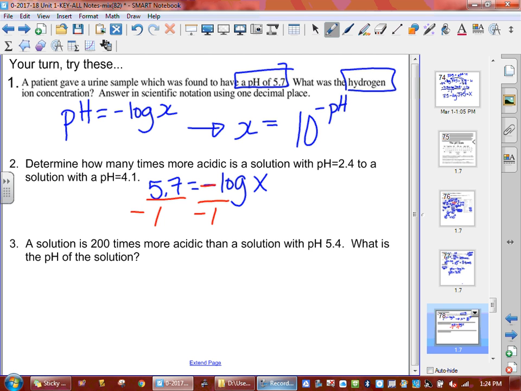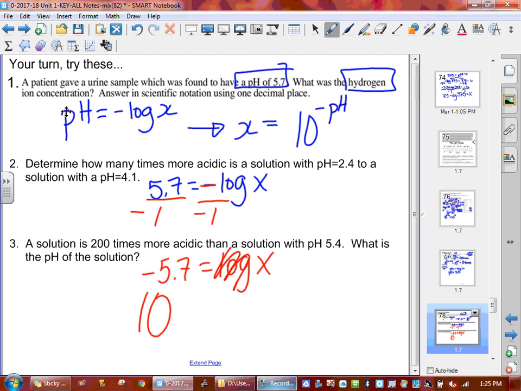And like I said, how do we get rid of the word log? You base 10 it. So when I put a base 10 here, the word log gets rid of, and x equals that. That's how you do those questions. Now, when you type it in, you may get a scientific notation answer, depending on what your calculator's rounding to. So type in 10 to the negative 5.7.